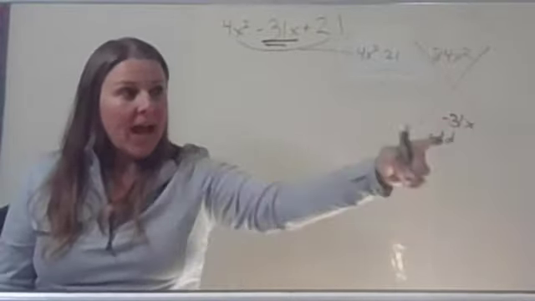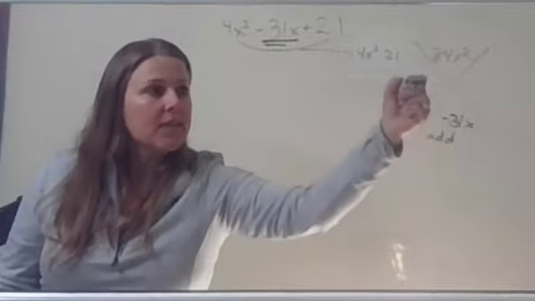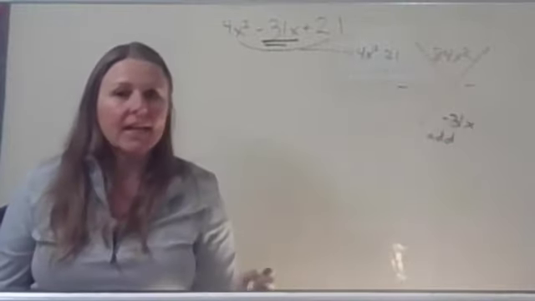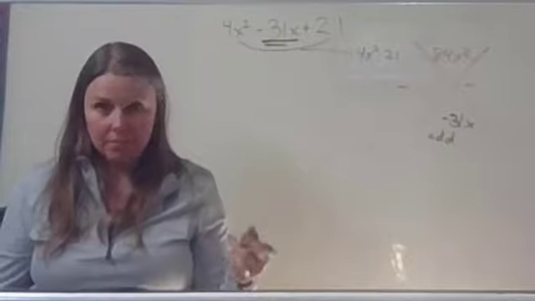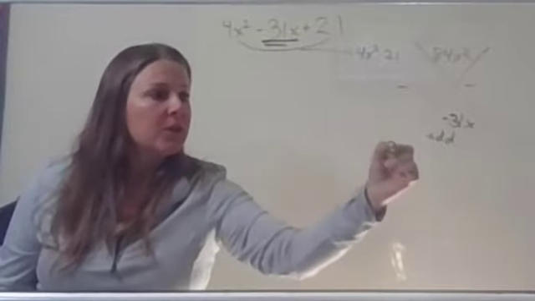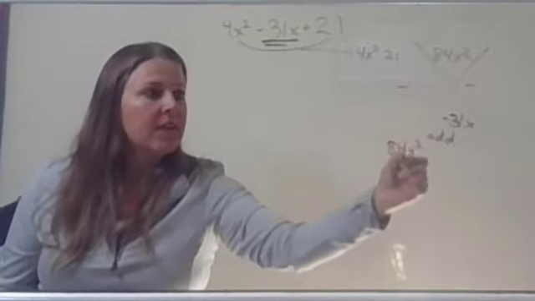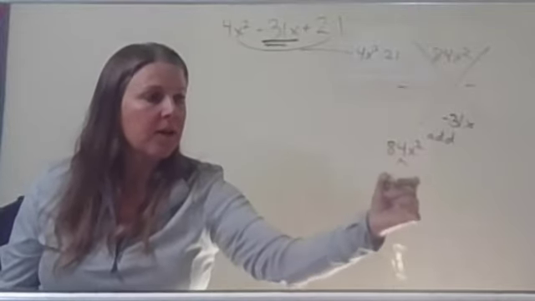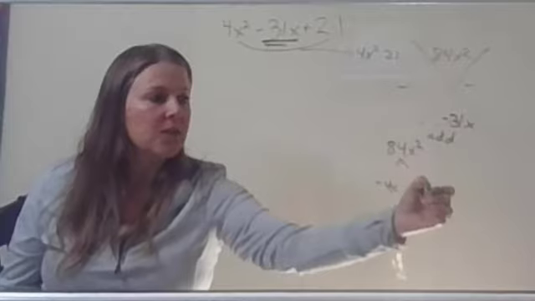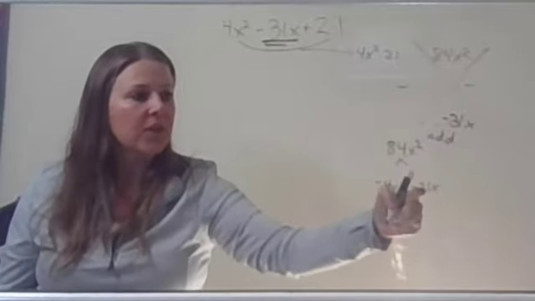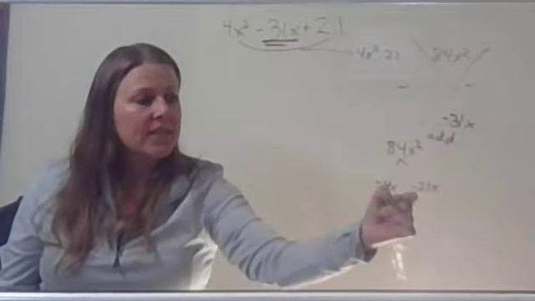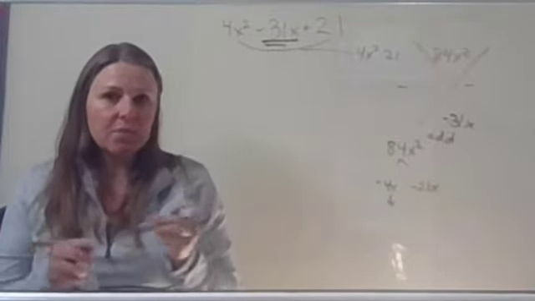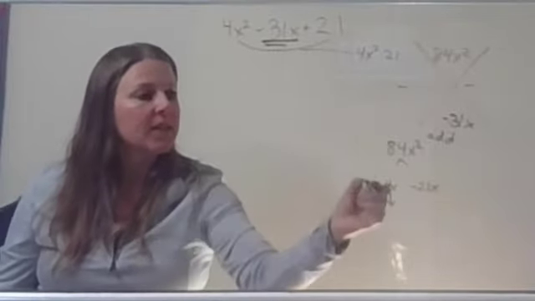Now, since it's adding to give a negative and multiplying to give a positive, negative is going to definitely be for sure. So you need to think of the factors of 84x. So right away, I know it's 4 and 21, so negative 4x and negative 21x. That doesn't add to give me 31. Going this way is just going to get the number smaller when you add. So we need to go backwards.